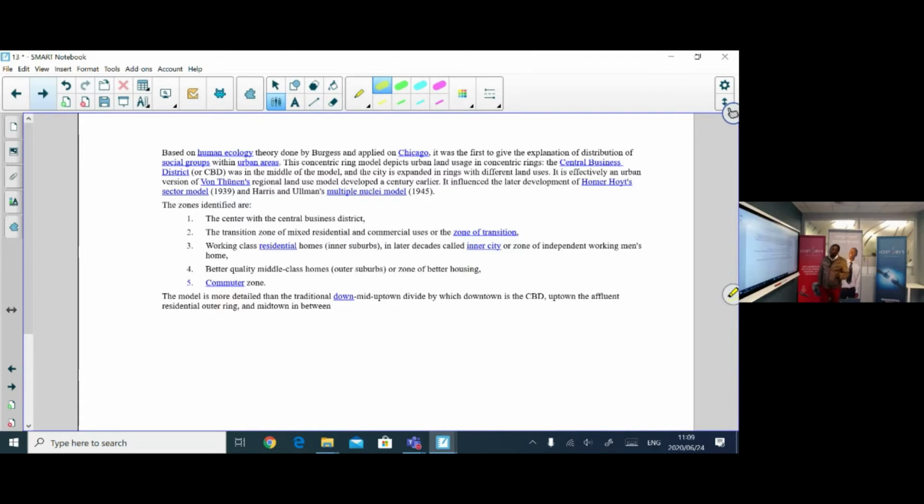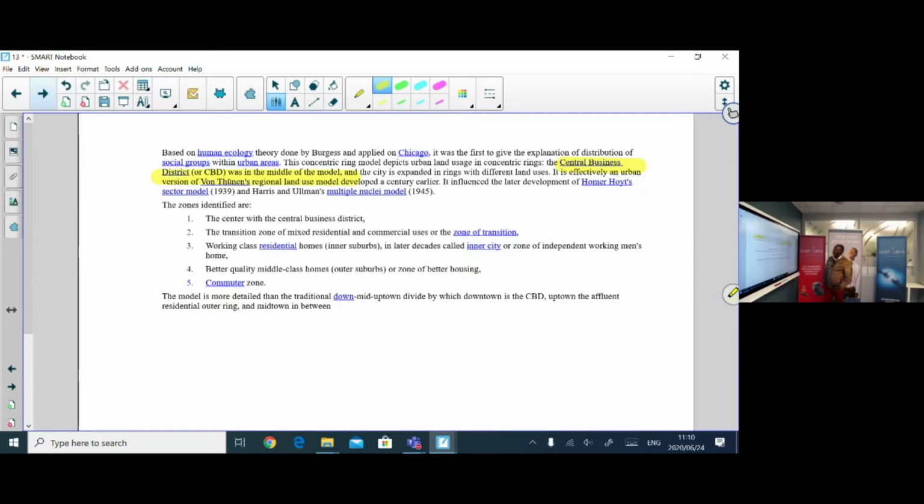This concentric ring model depicts urban land usage in concentric rings. The Central Business District, or CBD, is in the middle of the model, and the city is expanded in rings with different land uses.